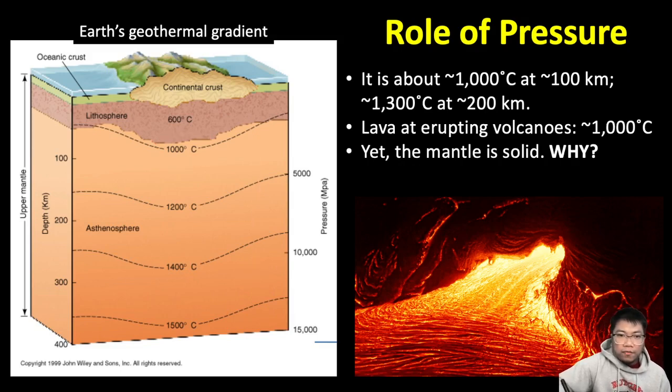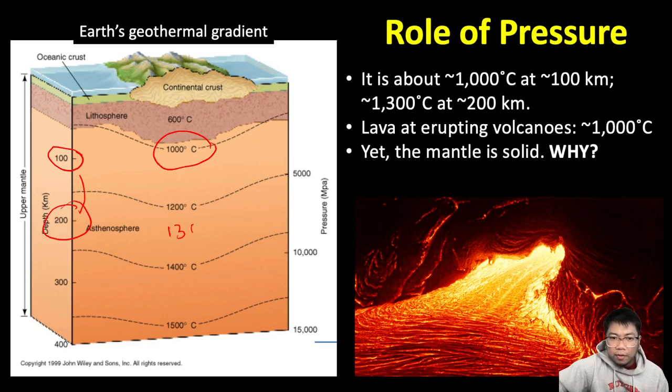For example, at 100 kilometers right below our feet, it turns out that the temperature reaches about 1,000 degrees Celsius. And if we go further to 200 kilometers below the surface, the temperature would be maybe 1,300 degrees Celsius right there.